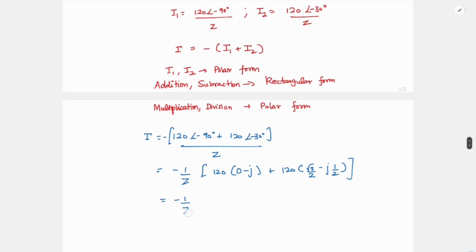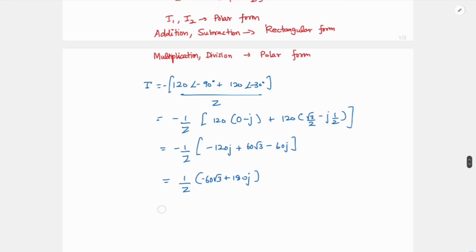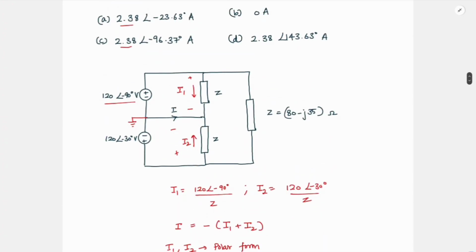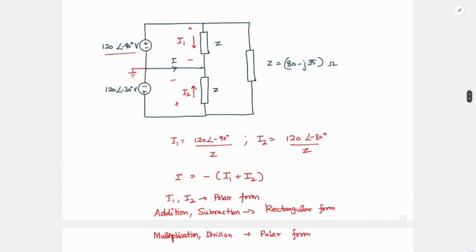So now this will turn out to be minus 120J plus 60 root 3 minus 60J. So together it becomes 1 by Z into 60 into minus root 3 plus 180J. Okay. Now my Z is nothing but from here 80 minus J35. So minus 60 root 3 plus 180J divided by 80 minus J35, right?